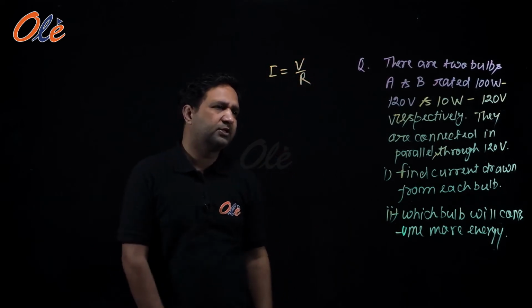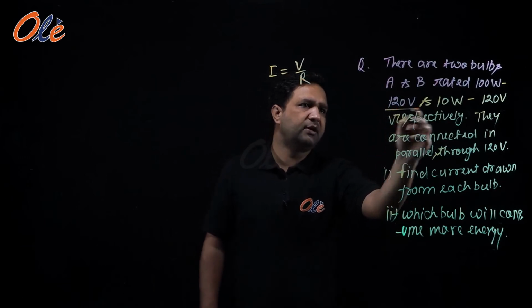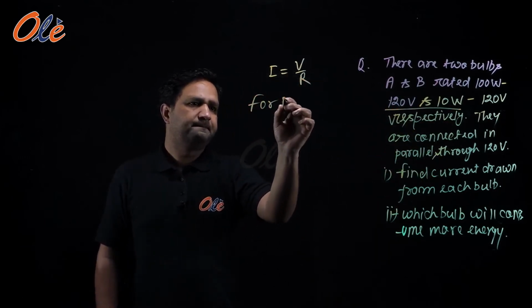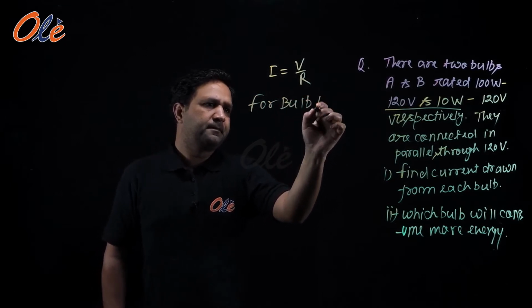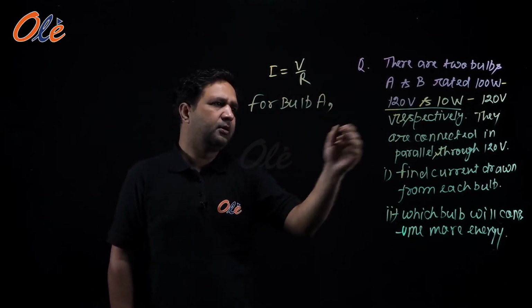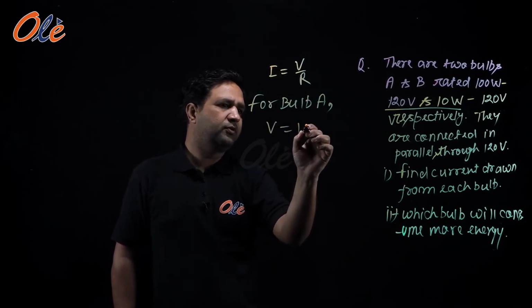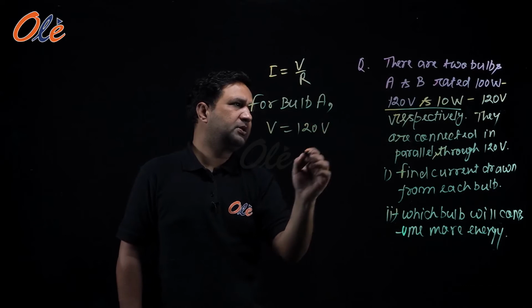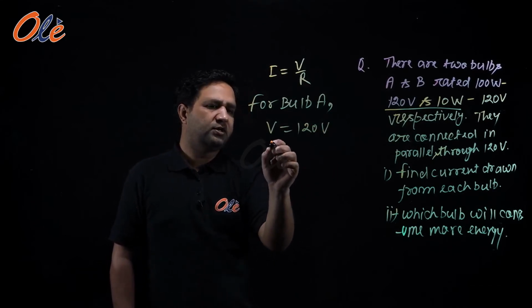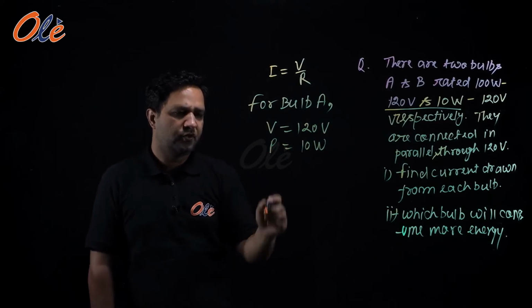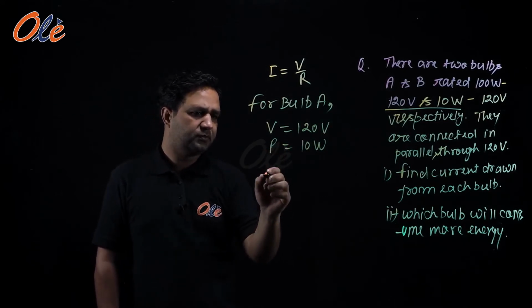Can we calculate R from this rating for bulb A? For bulb A, V is equal to 120 volt and P is equal to 10 watt. So what will be the value of R?